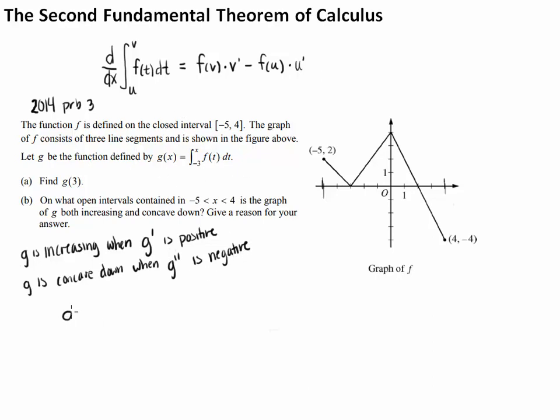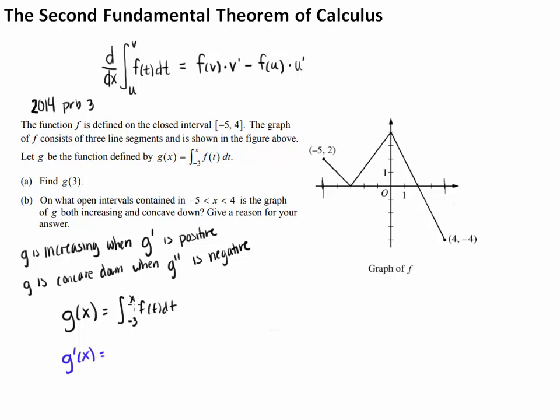Here's g of x. Let's find the first derivative of this, the integral from -3 to x of f of t dt. So I'm going to take the derivative of both sides. The derivative of g of x is going to be g prime of x. And then I am taking the derivative of an integral. That is our second fundamental theorem of calculus. So all I have to do is plug in my bound into my equation. I don't have to know what the antiderivative of f is.